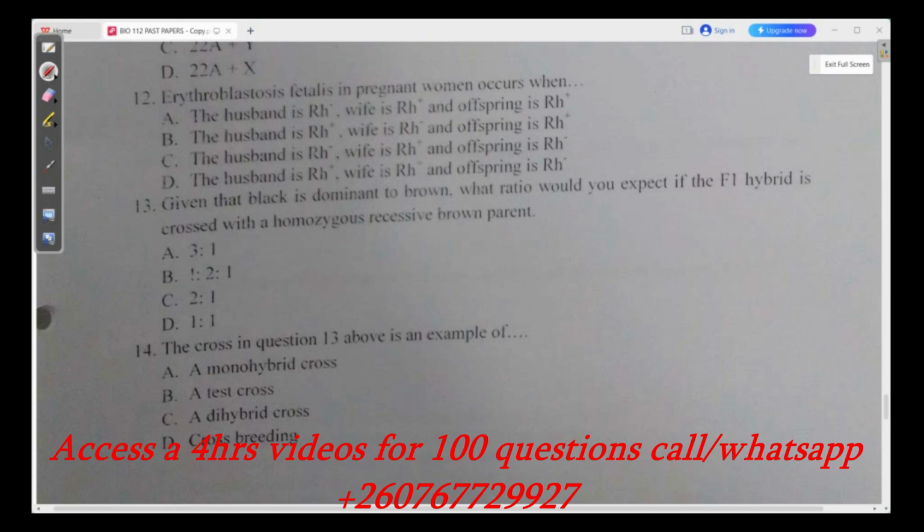In rhesus factor, let's say you have got a couple, a male and female. An individual who is having a rhesus factor is regarded as rhesus positive. An individual who doesn't have a rhesus factor on the cell surface of the red blood cell is regarded as rhesus negative.